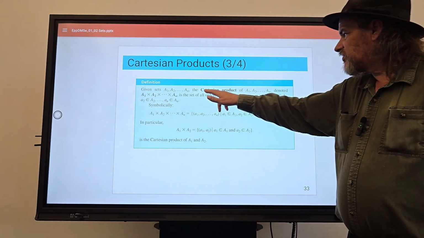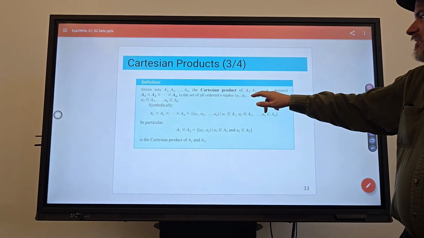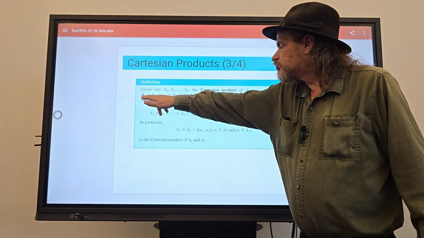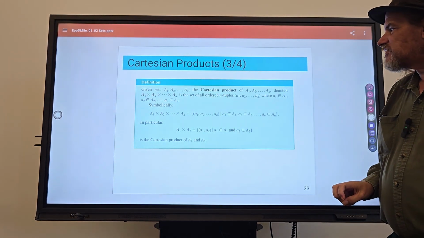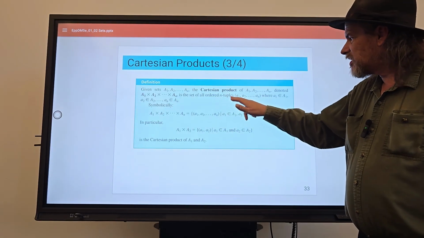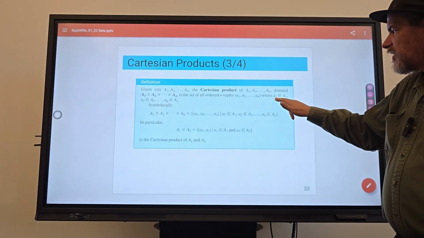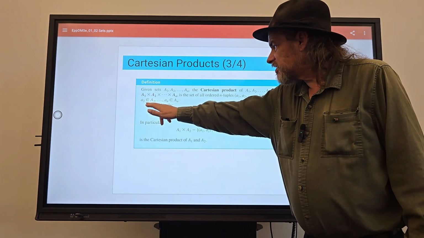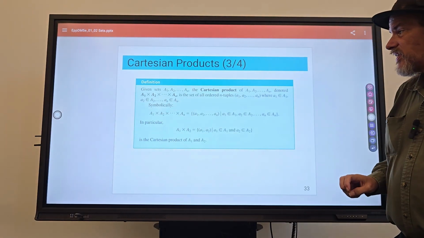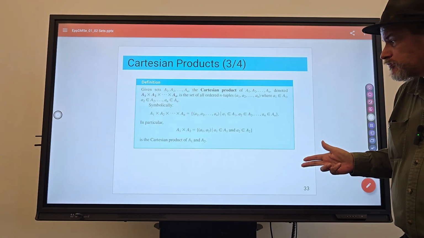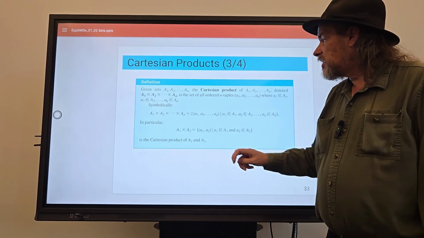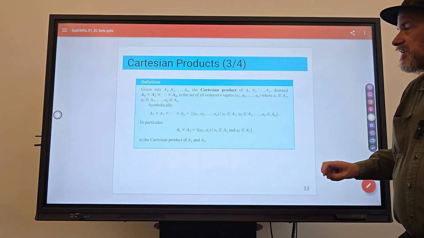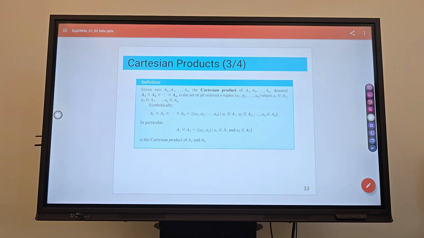Now, Cartesian product, this is where it gets mildly annoying. You have multiple sets. The Cartesian product, denoted by the stylized X between the sets, is the set of all ordered n-tuples where a1 is an element of big A1, a2 is an element of the set A2, etc. So you have this symbolically representing the set, but it's a set of ordered n-tuples.